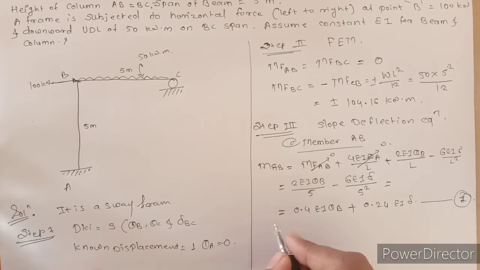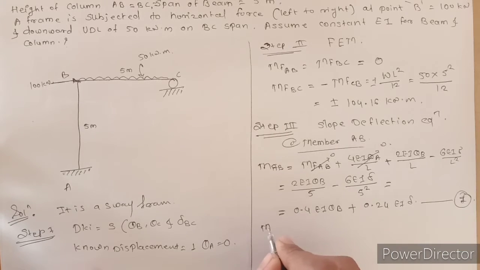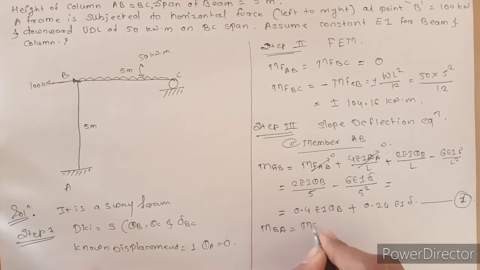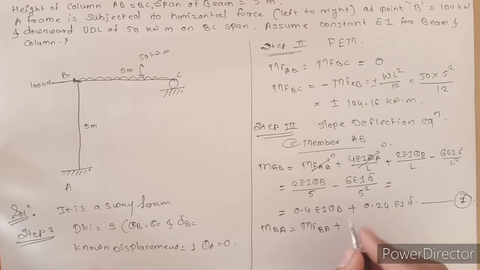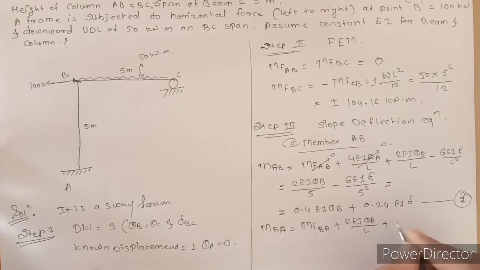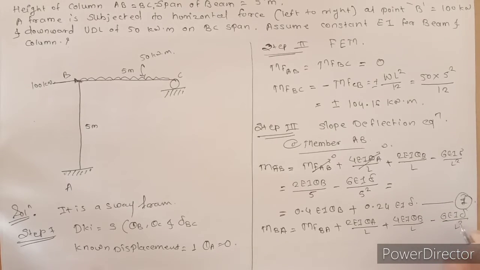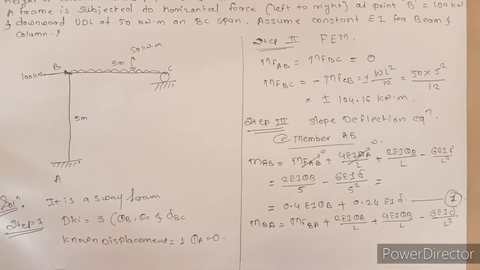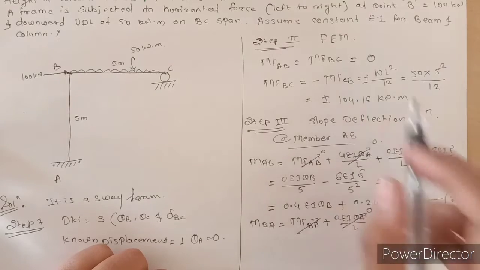Then next, the slope deflection equation for member BA: the formula is fixed moment at BA plus 2 EI theta A divided by L plus 4 EI theta B divided by L minus 6 EI delta divided by L square. Here the theta A term is 0 and the fixed moment at BA is 0.